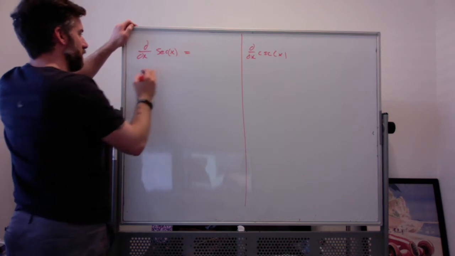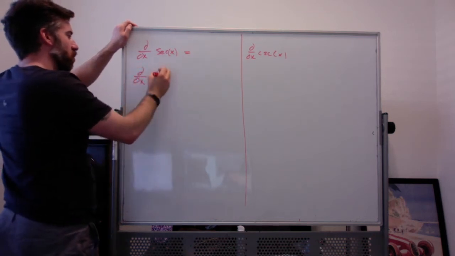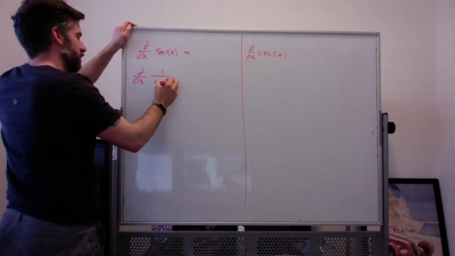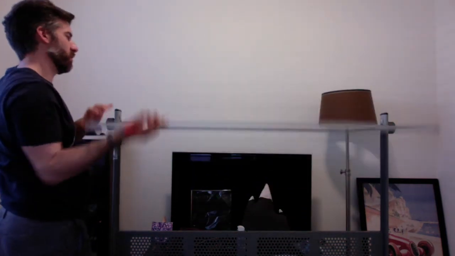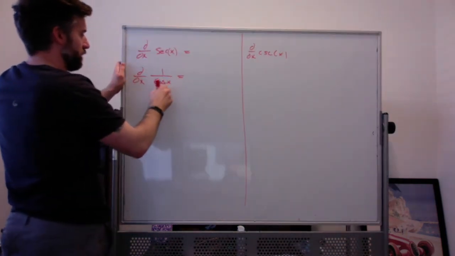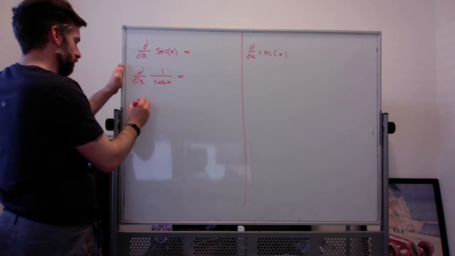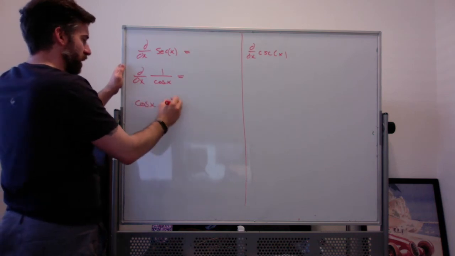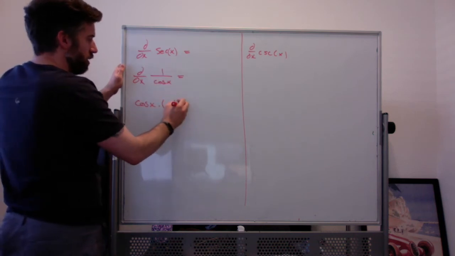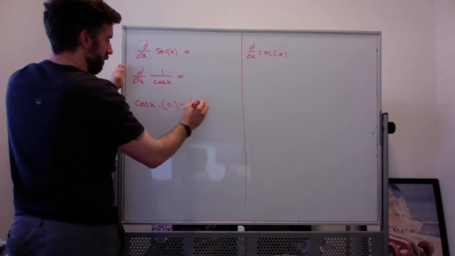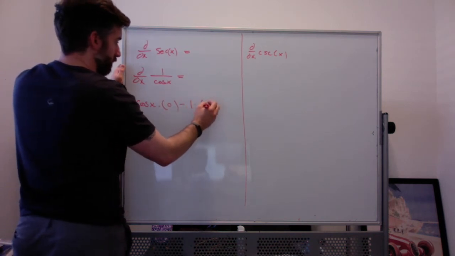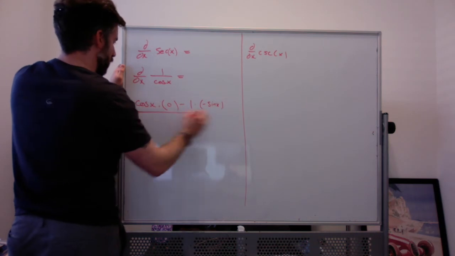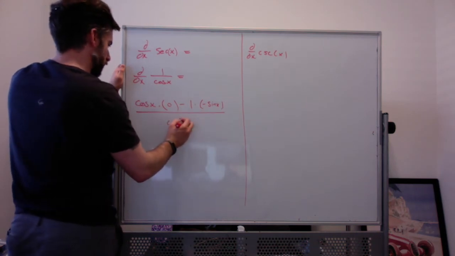So the derivative of secant is the derivative of 1 over cosine. And the derivative of 1 over cosine, well, we're going to use the quotient rule again, it's the bottom times the derivative of the top, but the derivative of 1 is just 0, minus the top times the derivative of the bottom, which is negative sine of x, all over cosine squared x.